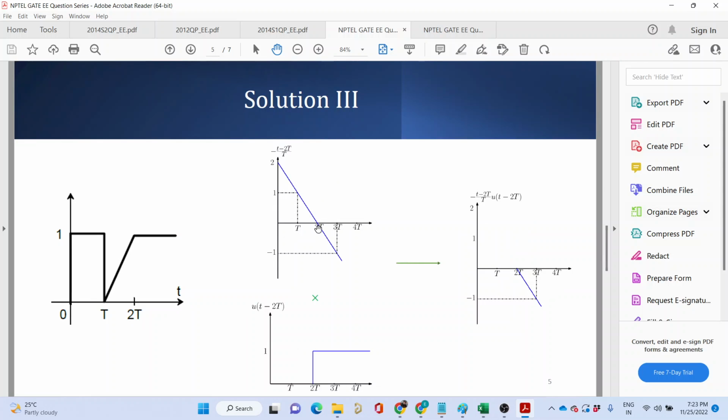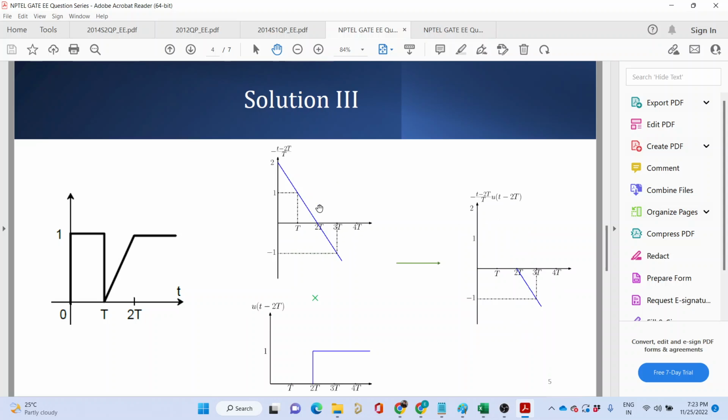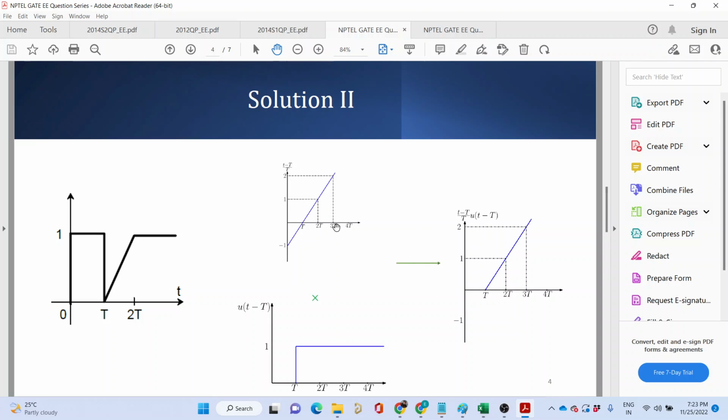Did you understand what I'm saying? So can you repeat this point? Yeah, see, if you are adding this function and the other function I'm talking about, in this function you have already got a value 1 at 2t, right?